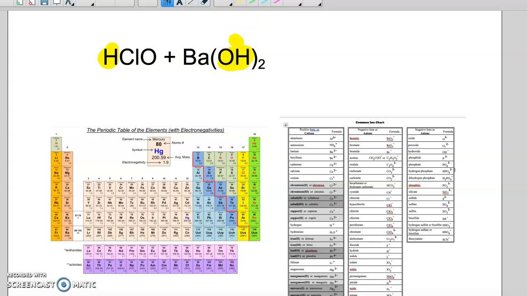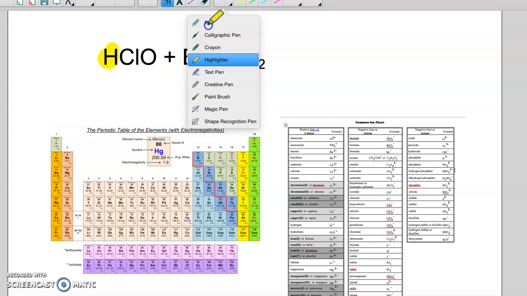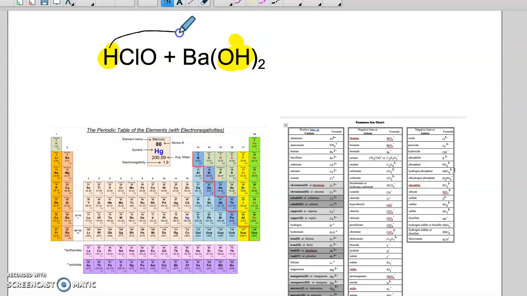So a double replacement, remember, is when the cations switch spots. And for this type, you're always going to end up with water. And it's helpful to write water as HOH for balancing purposes.